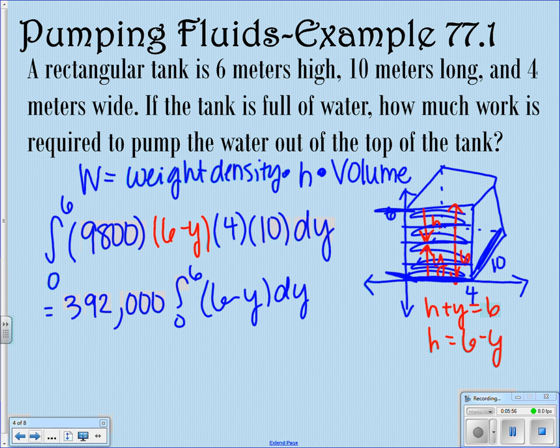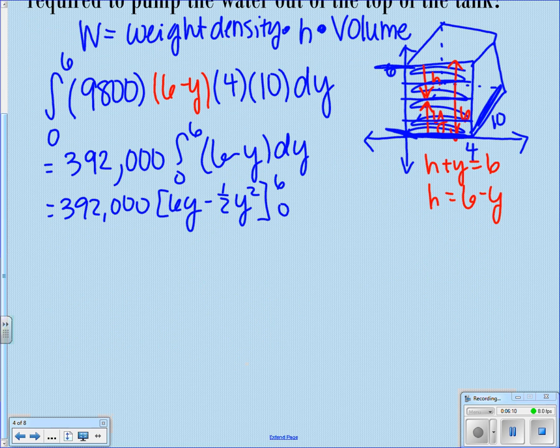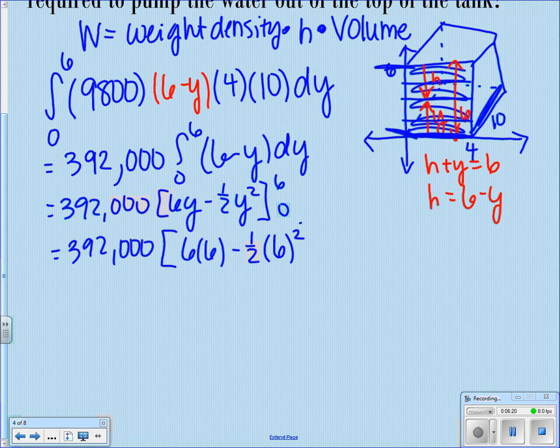So if you integrate that, you have 6y minus 1/2 y squared. And you're going from 6 to 0. So you plug in your 6. And then you plug in your 0, and you'll get a 0 on this one.